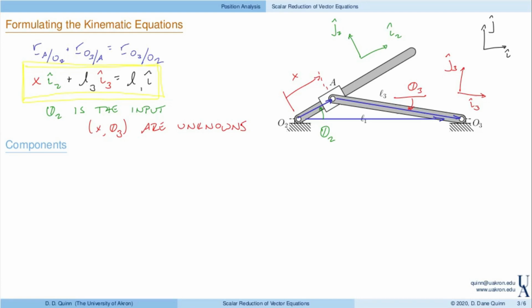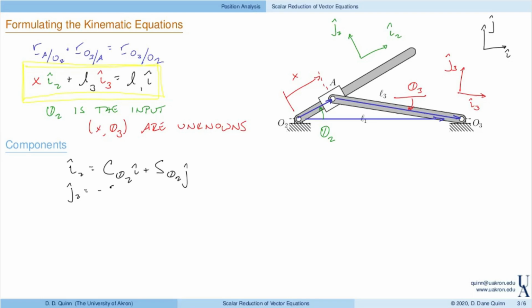So what's the easiest way to obtain scalar equations from this vector loop closure equation? Well, it's taking components in the I and j direction. So we want to write I2, and we'll go ahead and do J2 as well, and I3 in terms of I and j. In particular, I2 is cosine of theta 2 in the I direction plus sine of theta 2 in the j direction.